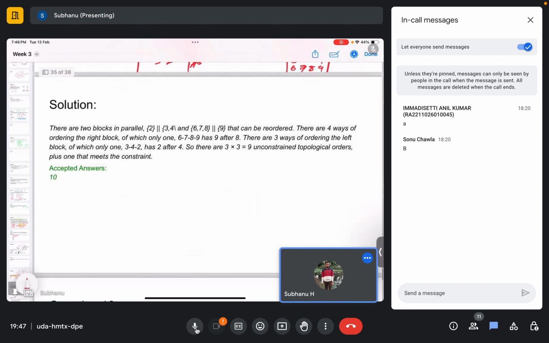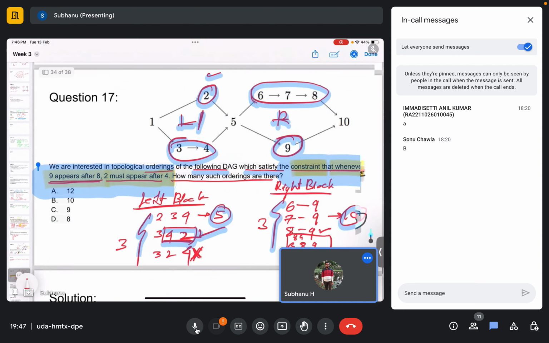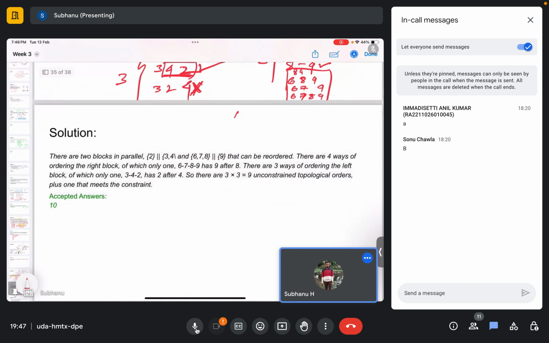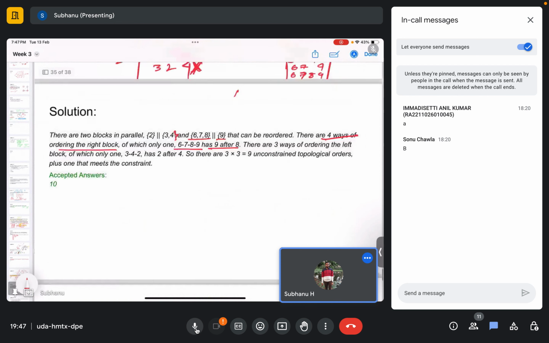So what will be the answer? There are two blocks in parallel, 2, 3, 4 and 6, 7, 8, 9, and they can be reordered. There are 4 ways of ordering the right block, of which only 1, 6 7 8 9, has 9 after 8. Our constraint was which satisfies that 9 is after 8.